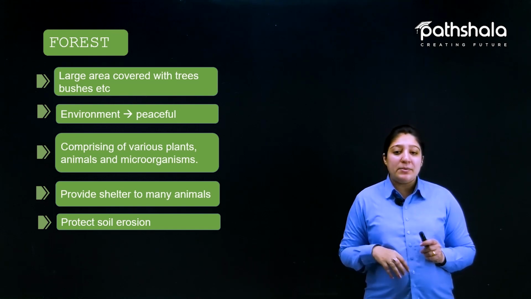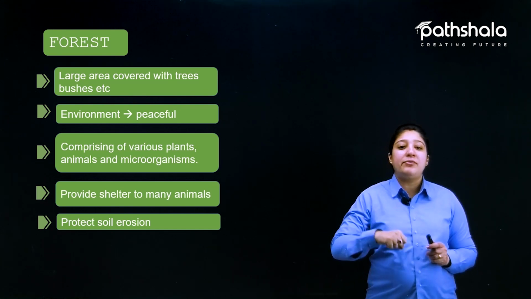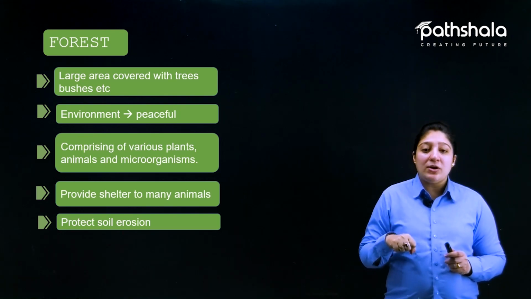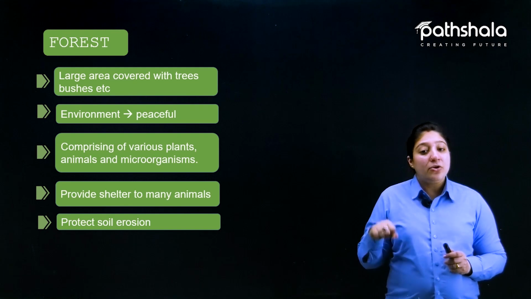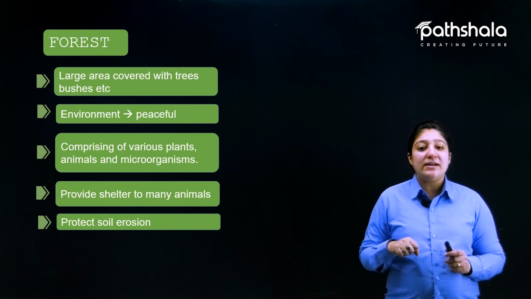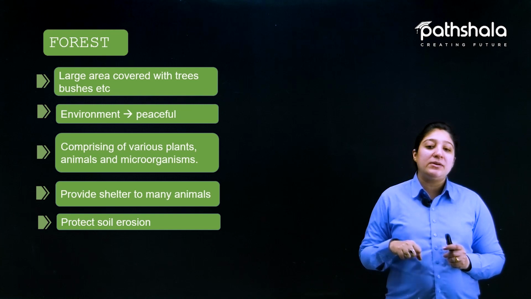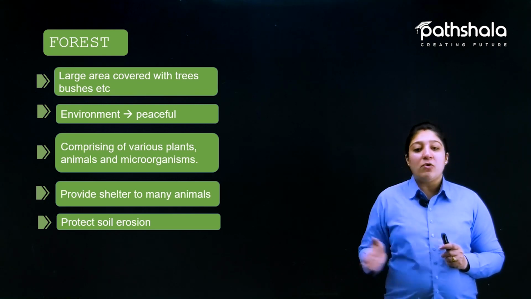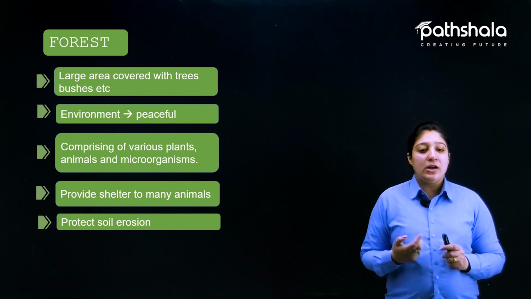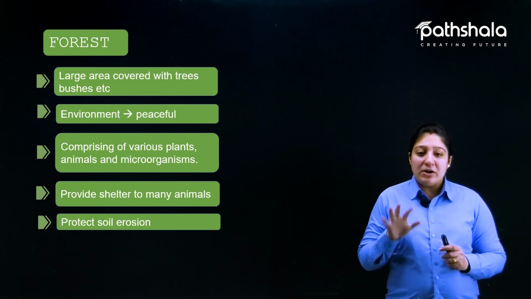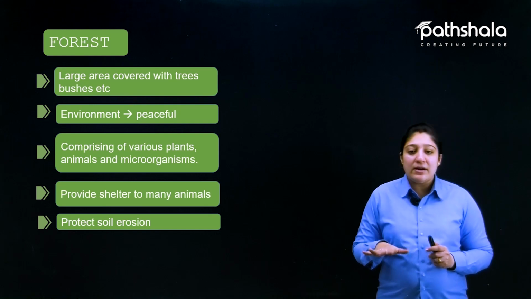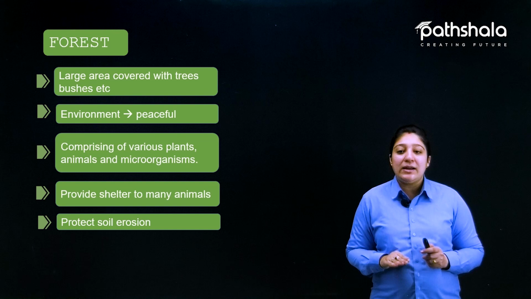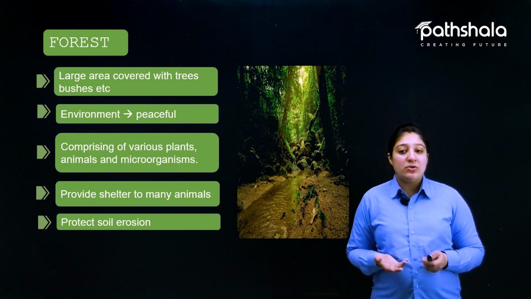Because of that, the upper layer of the soil, or the upper layer of land, is totally packed by the roots. And as it is held by the roots, the top layer of the soil is not washed off by the action of wind or water, and because of that the layer stays there and the soil always remains fertile. So in that case it prevents soil erosion also, right?